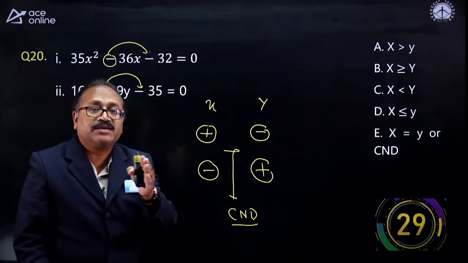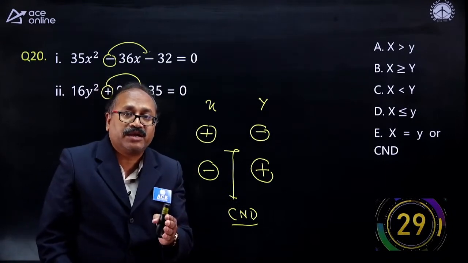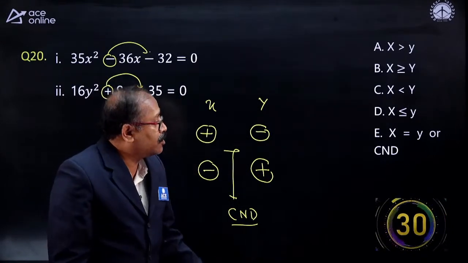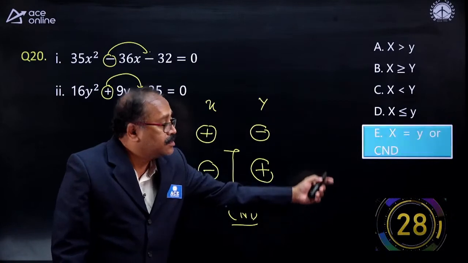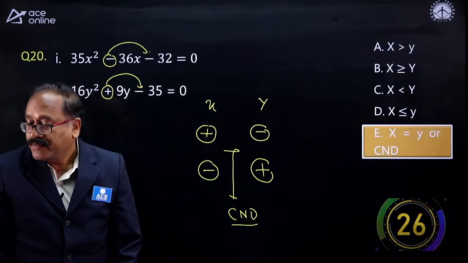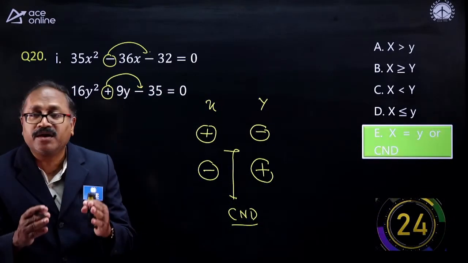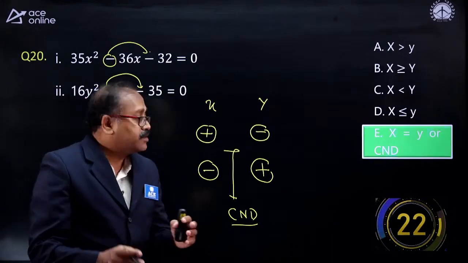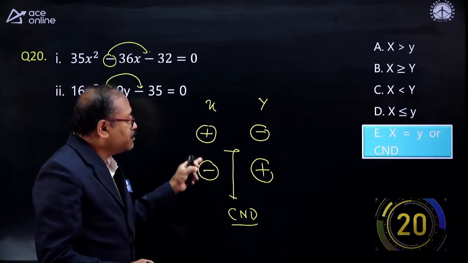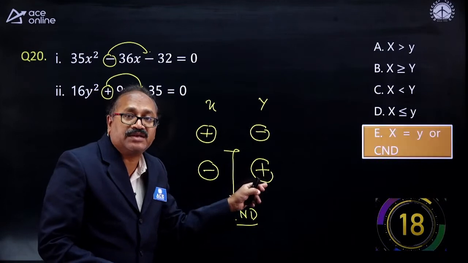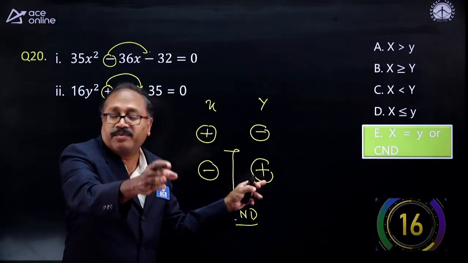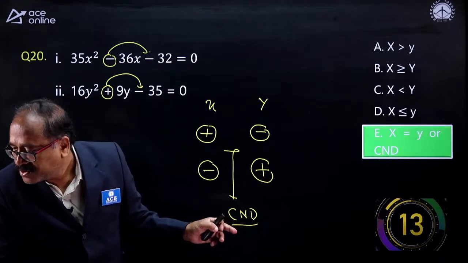The relation between x and y cannot be determined. So C and D, your option choice is E. Keep this in note, my friends, that whenever the x values are plus and minus and y values are also plus and minus, the relation cannot be established.